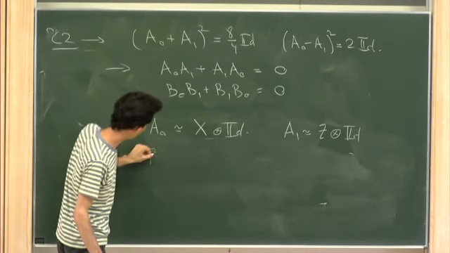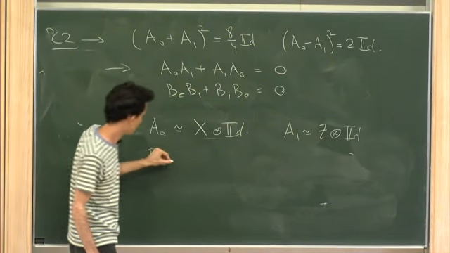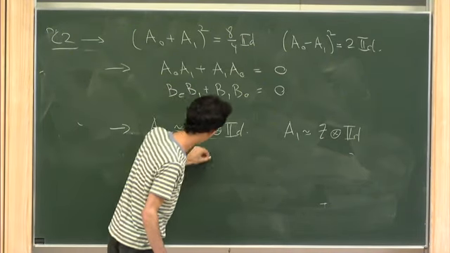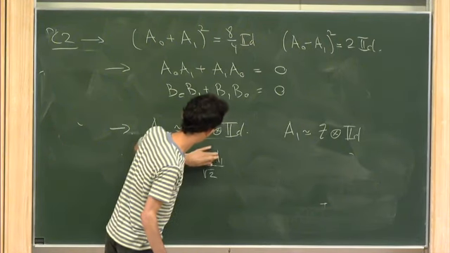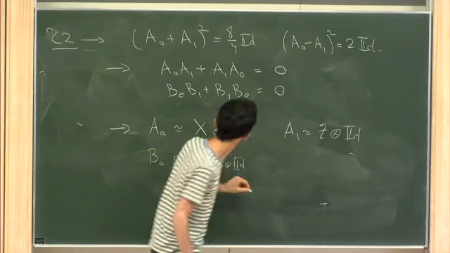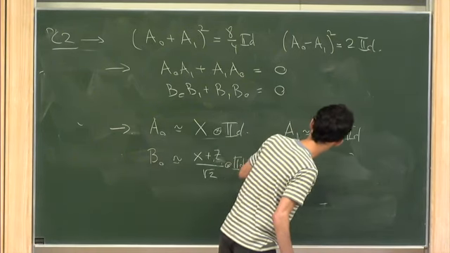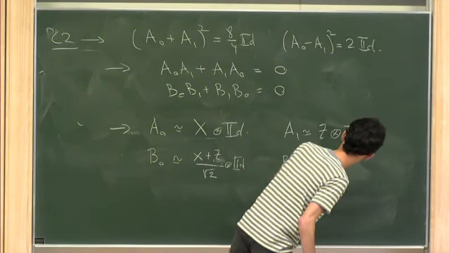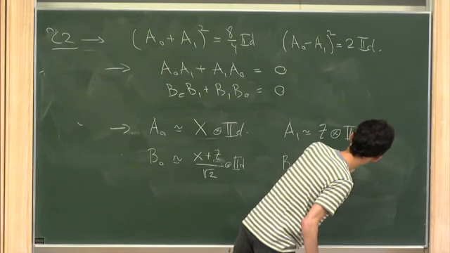And then the B's will look like this. B0 will be A0 plus A1 divided by root 2 tensored identity, and B1 will be X minus Z divided by root 2 tensored identity.